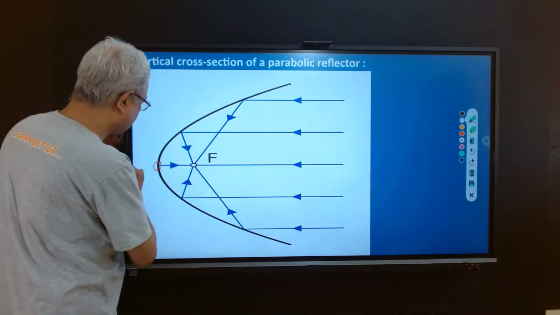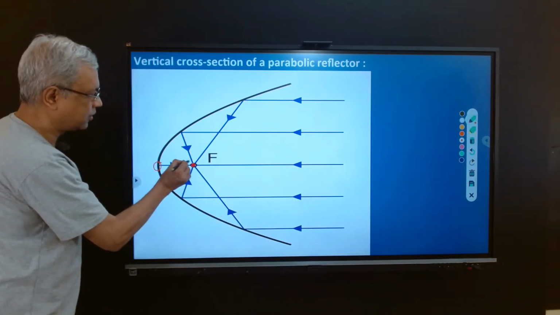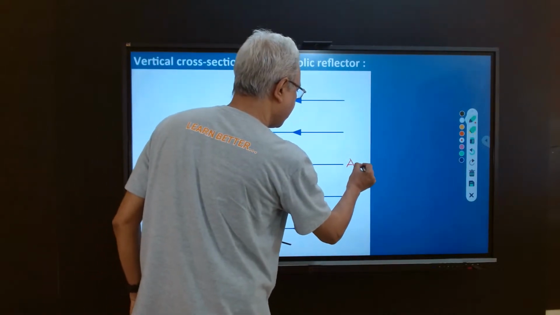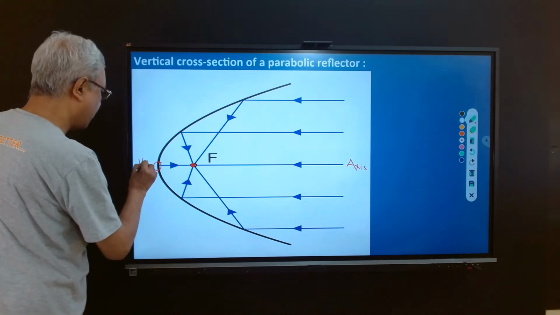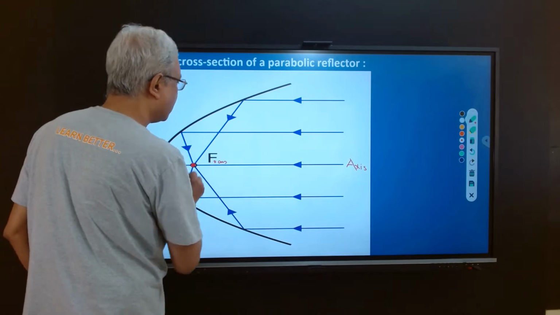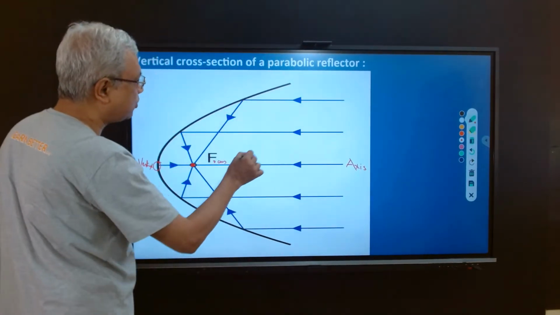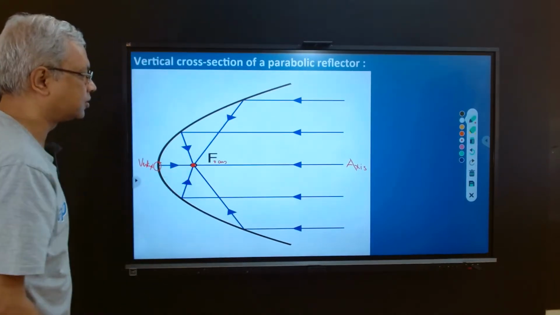This is the vertex of the parabola. This is the focus of the parabola, this point, and this is the axis. This is the vertex. This is the focus. So if rays are coming parallel to the axis, after reflection, they all meet at the focus.